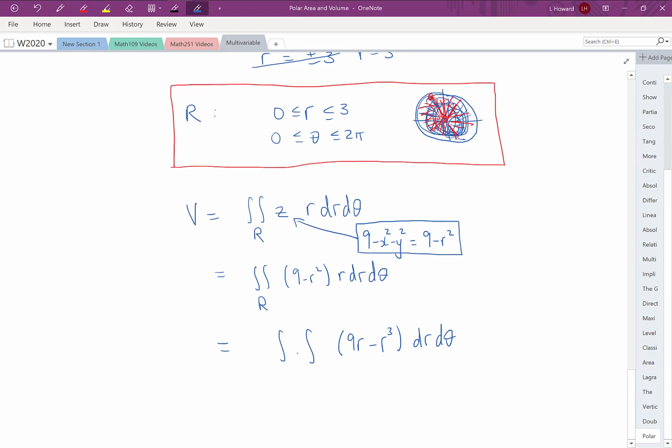But certainly we need to put our limits of integration on there. So we said up here that our radius values were going from 0 to 3, and our angles theta were going from 0 to 2 pi. So we have successfully set up the double integral in polar coordinates that gives the volume under that paraboloid.